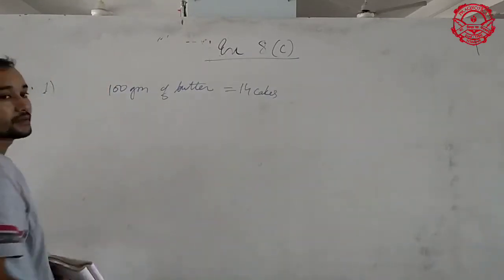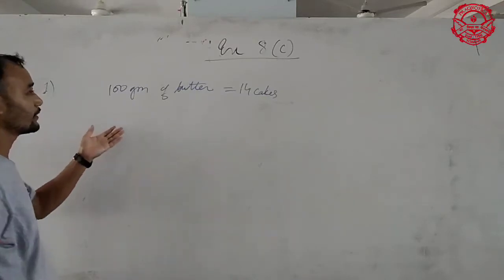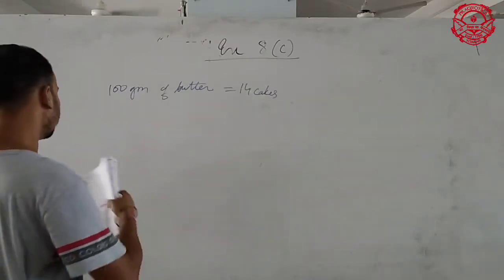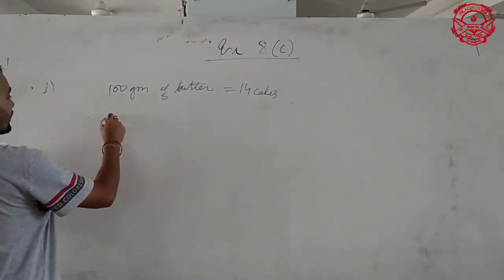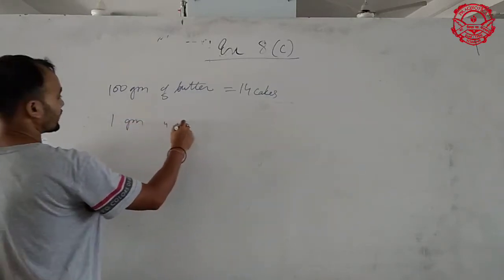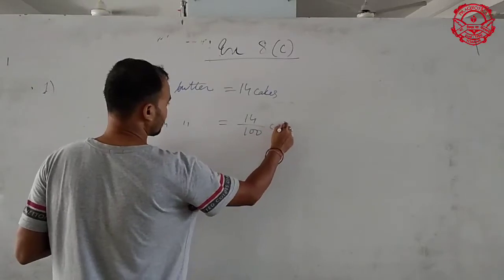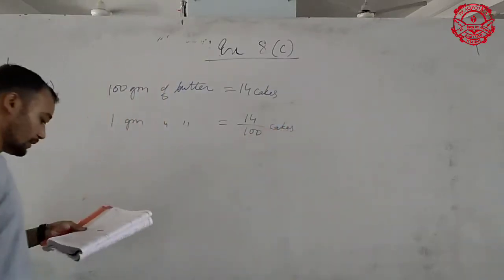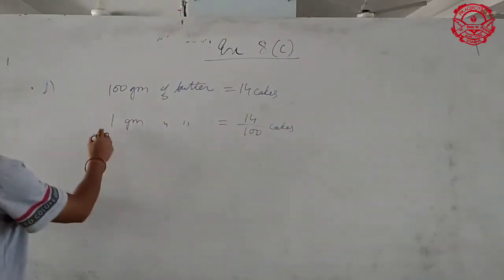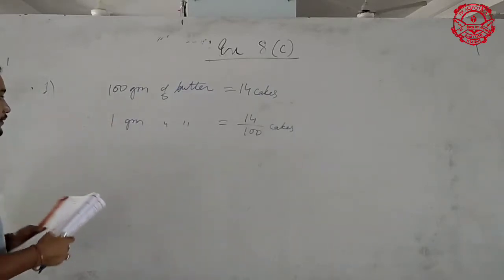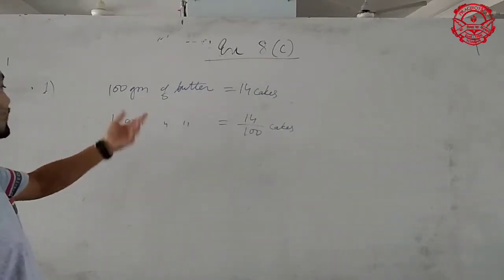Now calculate how many cakes you can make from 1 gram. That is, 1 gram of butter can make 14 by 100 cakes. Now see, 150 gram, if you are able to calculate the value of 1, obviously you can calculate the value of 150.